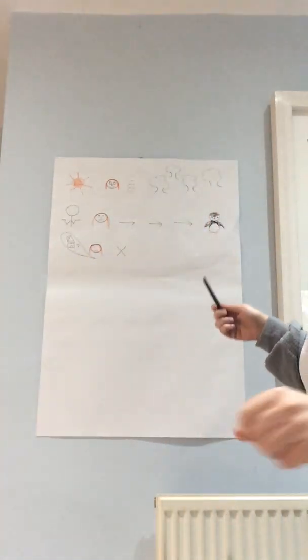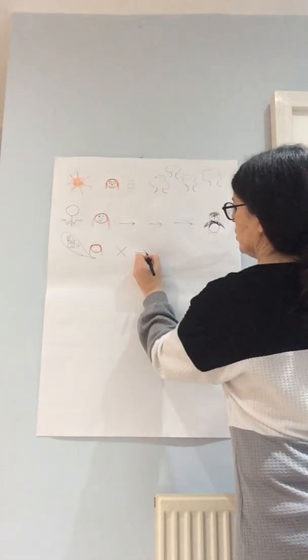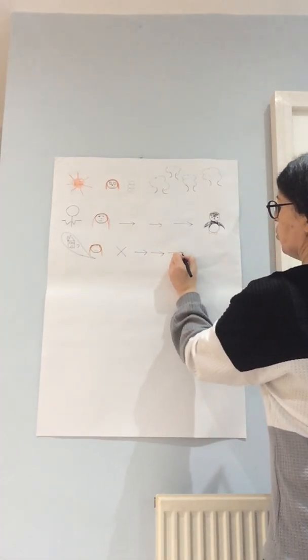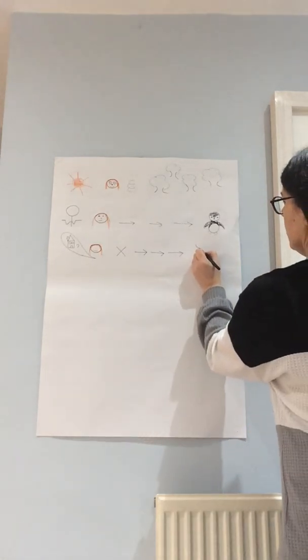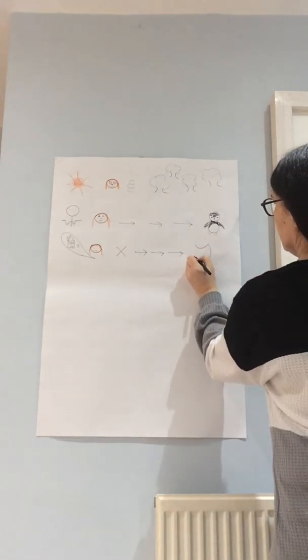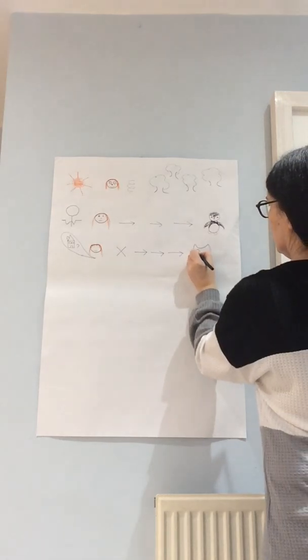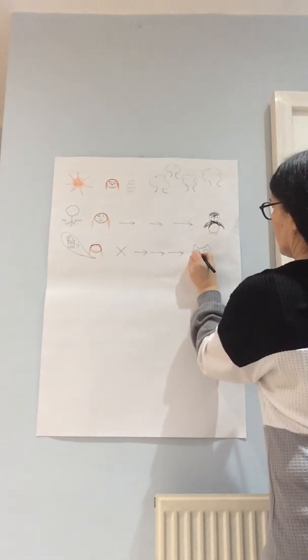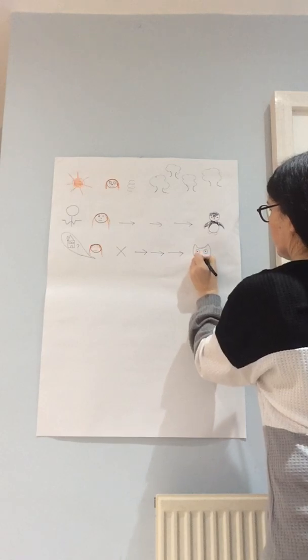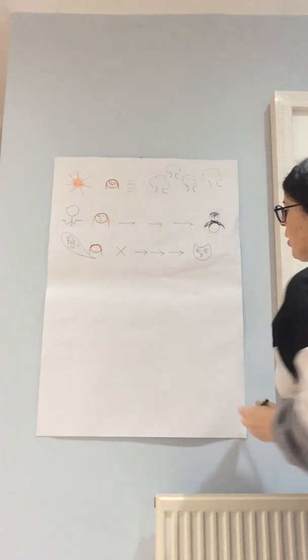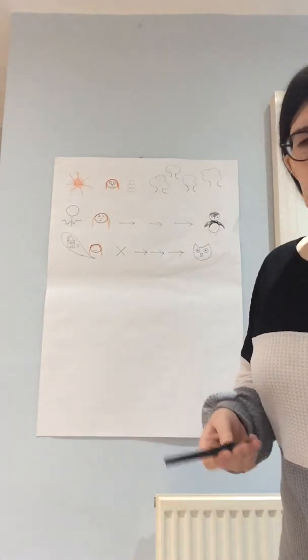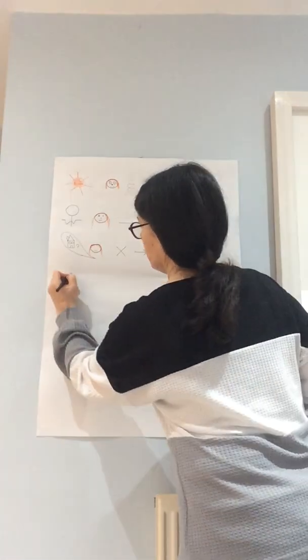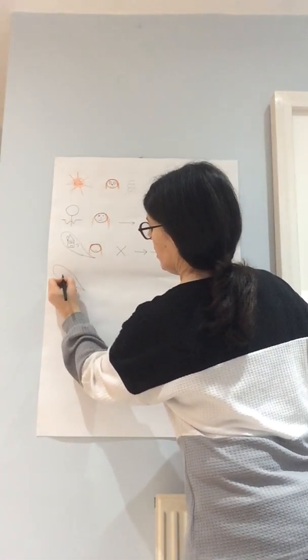No, sorry. So the little girl walked and she walked and she walked until she met an owl. There's my owl. She walked and she walked and she walked until she met an owl. And then she said the same thing to the owl. So we can draw the speech bubble again.